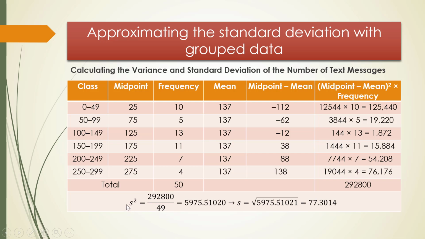So the sample variance here is approximated as 292,800 divided by 49. We got 5,975.51020. Then the sample standard deviation is the square root of the variance, and we got 77.3014. So that's how we calculate and approximate the standard deviation.